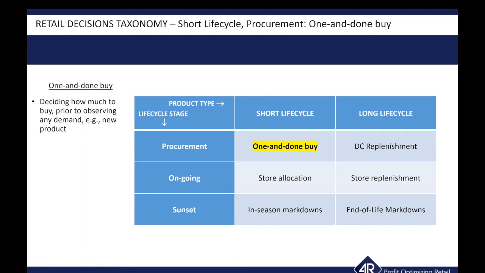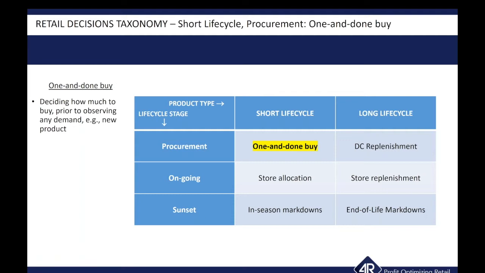And because of this, it's basically a blind buy, which means that the retailer has to place the order prior to observing any sales or any demand. And so there is a little bit of a gamble going on. This is a very well known problem of investing resources ahead of an uncertain scenario.